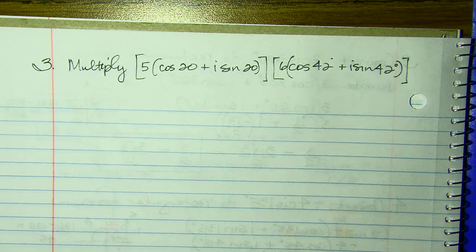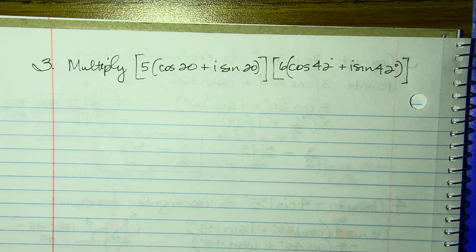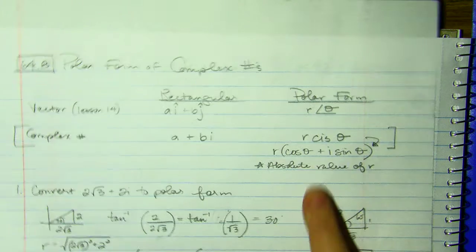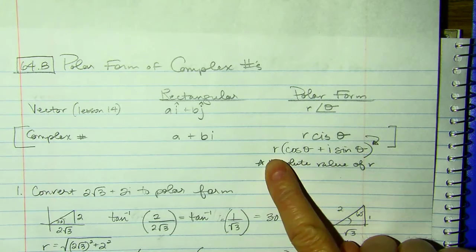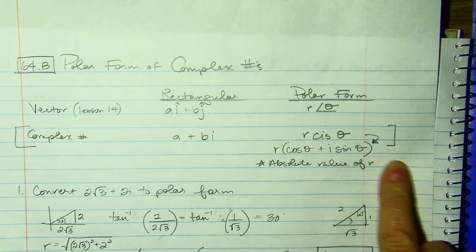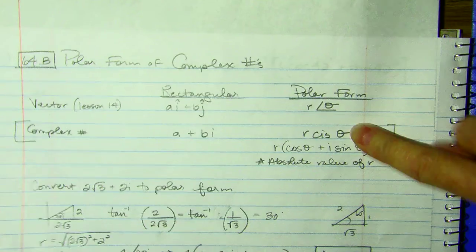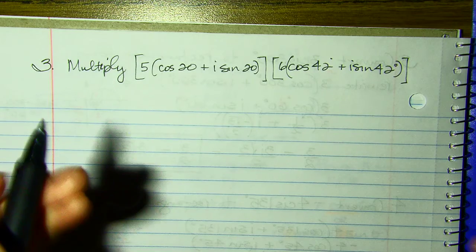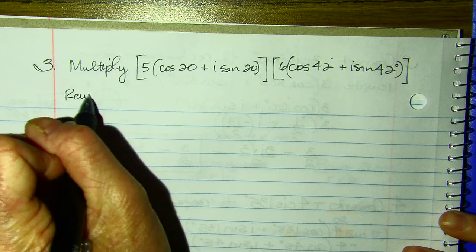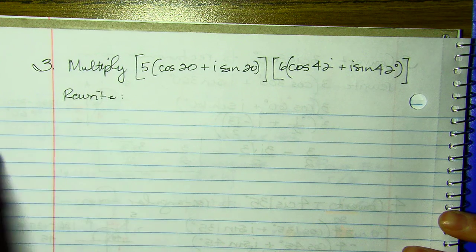Now, the only thing they've done here is try to freak you out. They gave it in the long form. Remember, polar form can be written r cosine theta plus i sine theta, or we can abbreviate it to r cis theta. And so you and I are going to rewrite this in order to abbreviate each one, right?